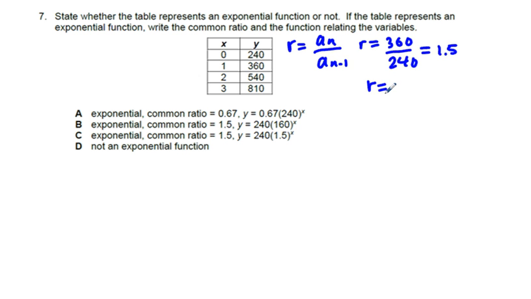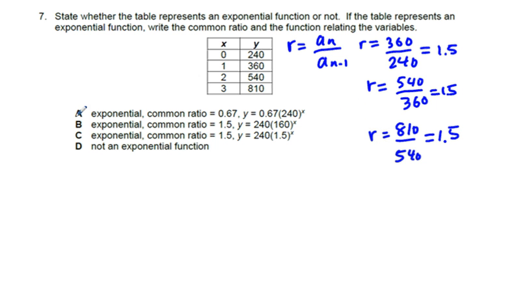Next, r is equal to 540 divided by 360, also 1.5. And then 810 divided by 540, also 1.5. So that's going to be it. Our common ratio is 1.5.